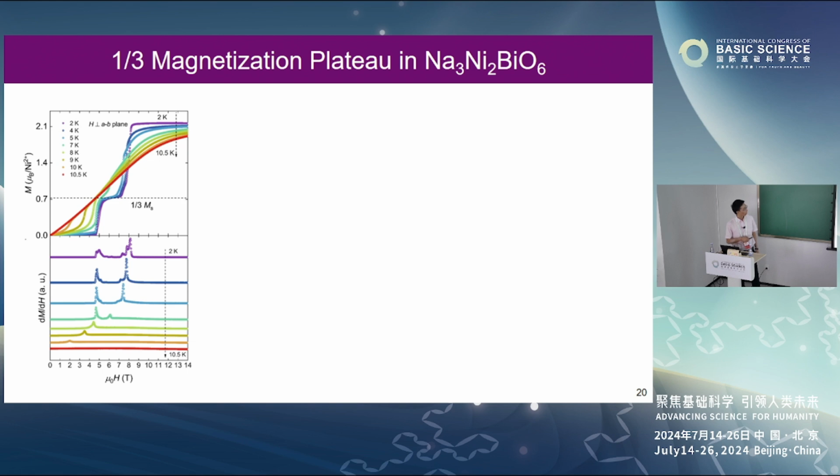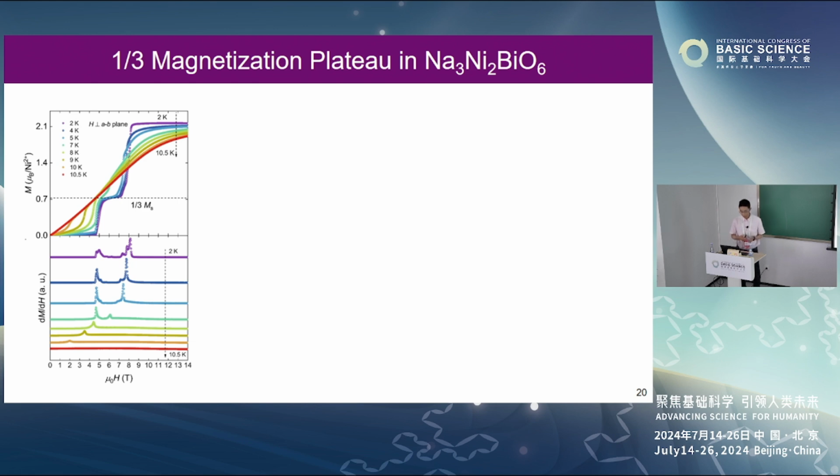So we have this kind of 1/3 plateau, and then we can also take the first derivative of this MH curve, and we found that the plateau enlarges if you decrease the temperature.